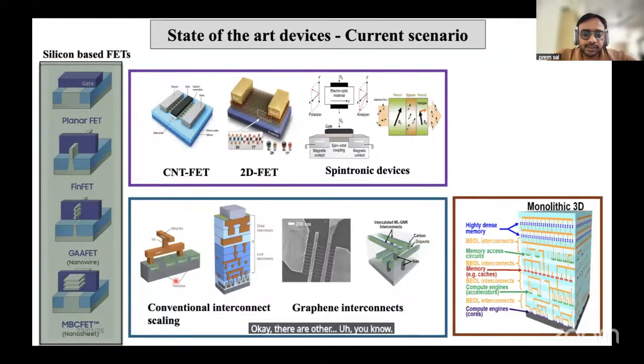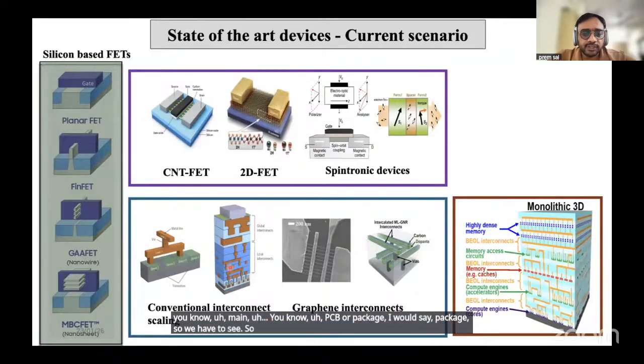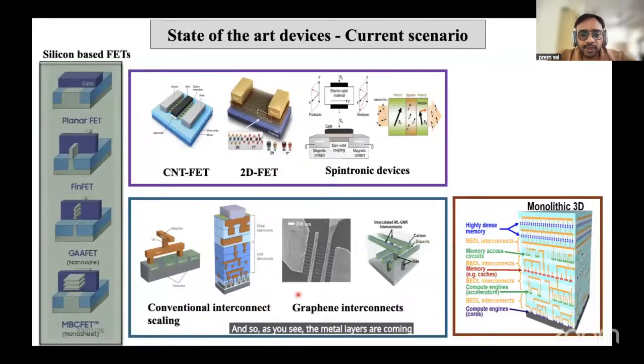There are other research areas, which are interconnects. Once the device is made, you need to connect it to the main PCB or package, I would say package. So here you have MOSFET devices, and as you see, the metal layers are coming up. There are other fields also going on, like graphene interconnects.